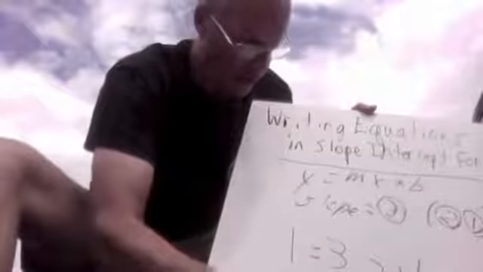1 equals, and for m, we're going to use the slope that they give us, 3, and then our x is going to be 2. So 3 times 2. And the only thing that we don't know right now is b. So simplify it. 1 equals 6 plus b.